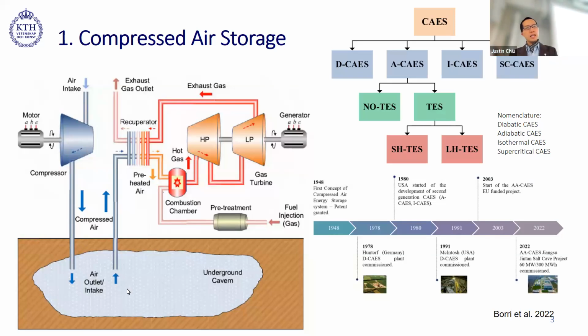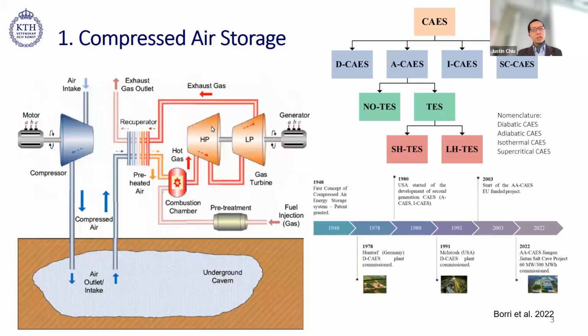When we want to take out the energy, then we heat up the air if it is in the diabatic system. If it is adiabatic, that means the heat that is stored will be taken away by the compressed air upon expansion, right? So here, in this case, with a combustion chamber, this is the case when we have a diabatic system.